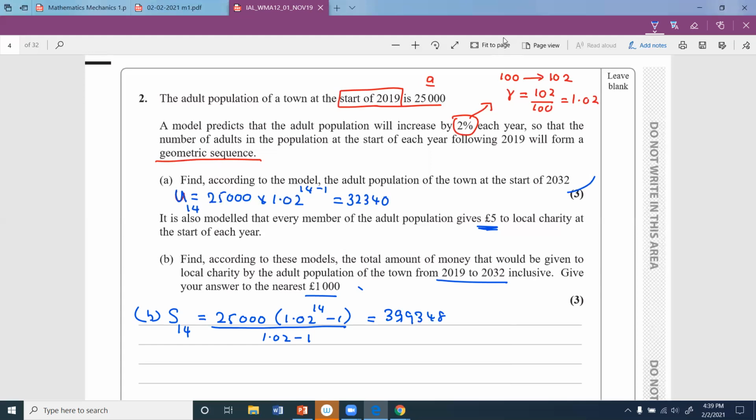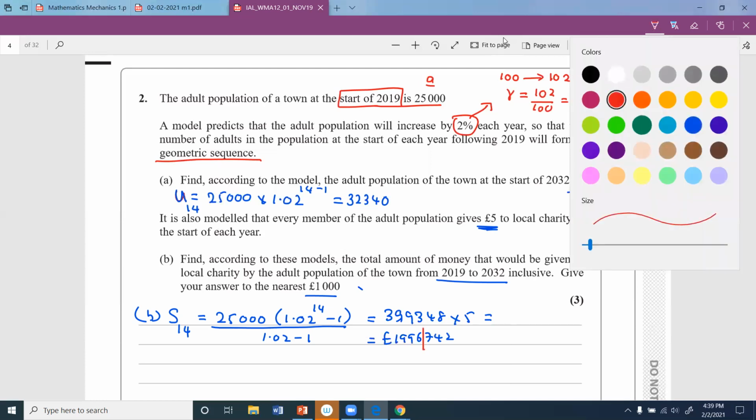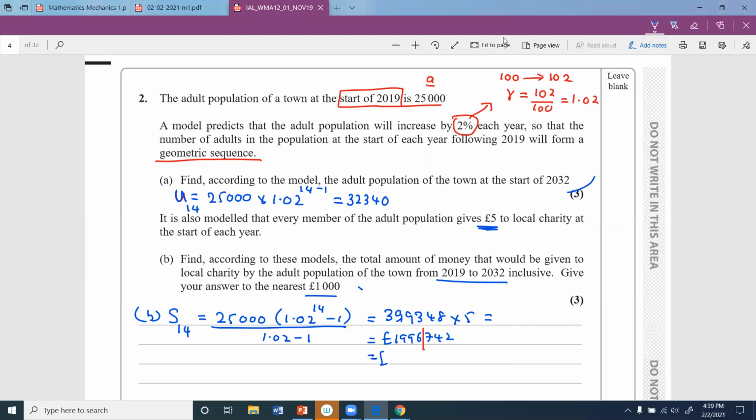If you spend £5, multiply this amount by 5, which turns out to be 1,996,740. What you need here is the nearest 1,000, so the figure would be £1,997,000. That is the amount we need to get for this question.